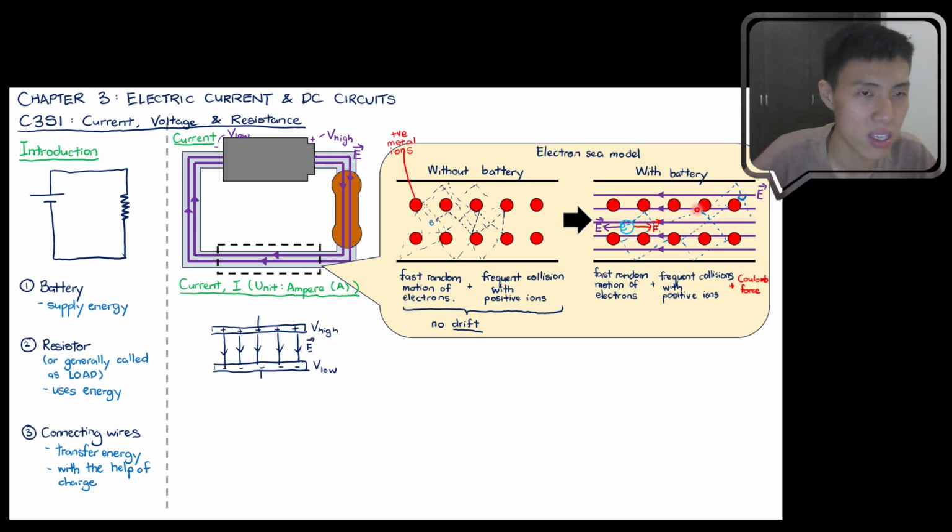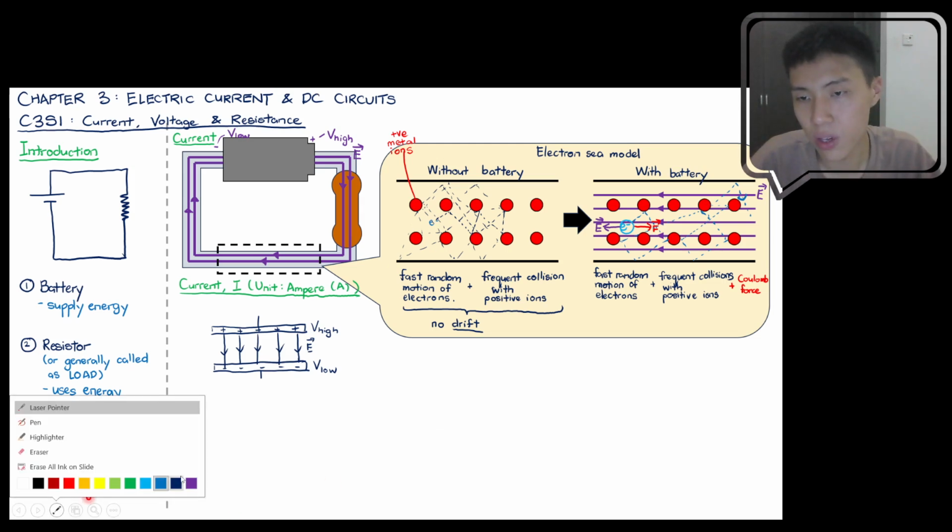The positive ion collisions always cause it to change direction, so the drifting of the electron to the right is quite slow. The electron only moves gradually to the right because of all these collisions.